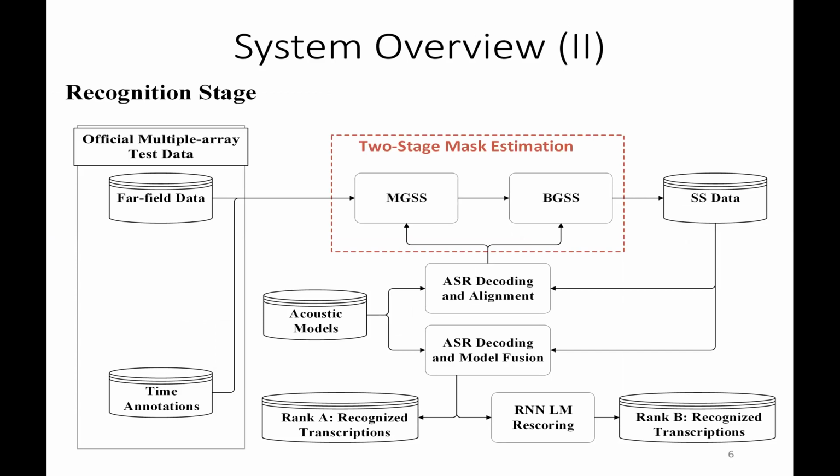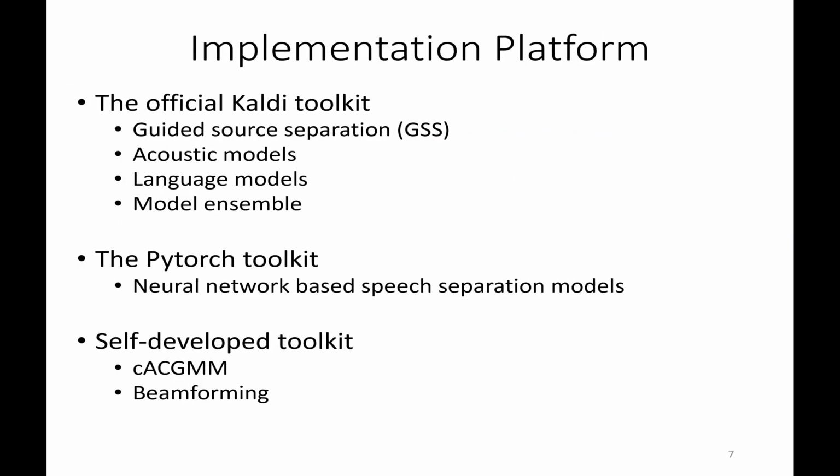In the recognition stage, we adopt a novel two-stage mask estimation method using MGSS and BGSS, which will be introduced later. Then, with different front-end outputs and different acoustic models, we do the ASR decoding and fusion to generate the final recognition results for rank A and rank B. To implement all the modules, we use multiple platforms for different purposes.